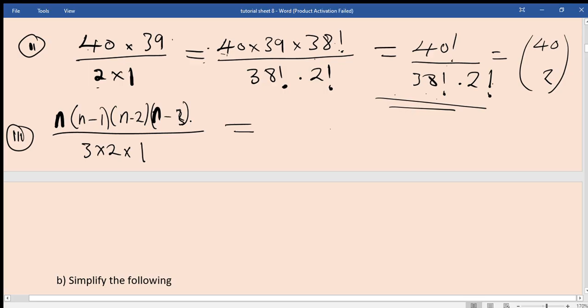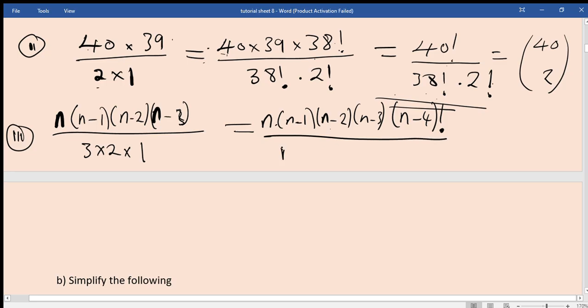So what are we going to do? We are going to introduce an n minus 4 factorial on both sides so that we can have the n factorial on the numerator. So this is just as good as n multiplied by n minus 1, n minus 2, n minus 3 multiplied by n minus 4 factorial. But since we've introduced an n minus 4 factorial, the same should happen in the denominator, n minus 4 factorial.